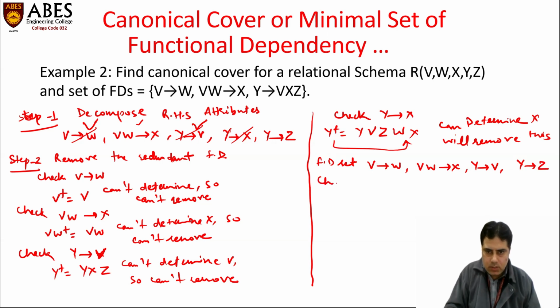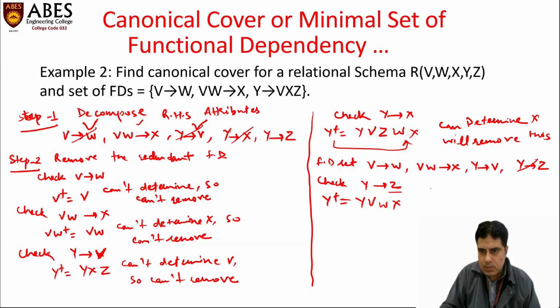Now check for Y determine Z. Take the closure set of Y. So from Y we can determine Y, and this is removed. Y to V we can determine, from V to W, or from VW to X, but we cannot determine Z. So cannot remove.